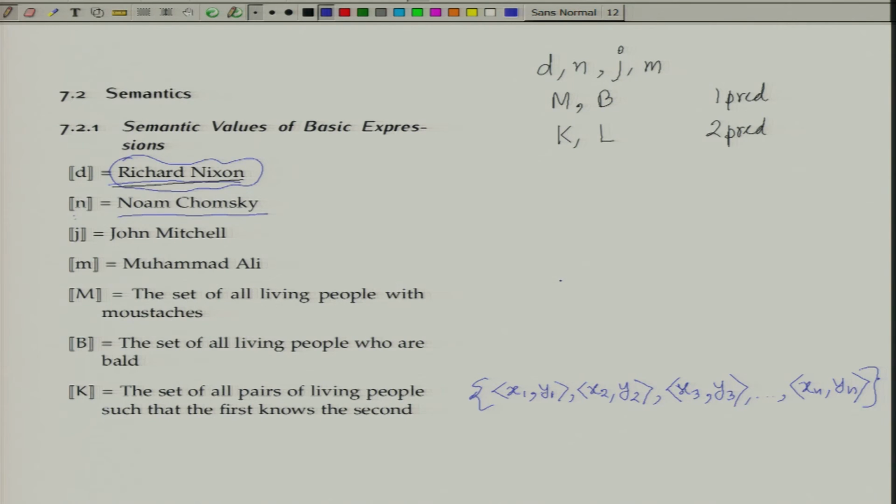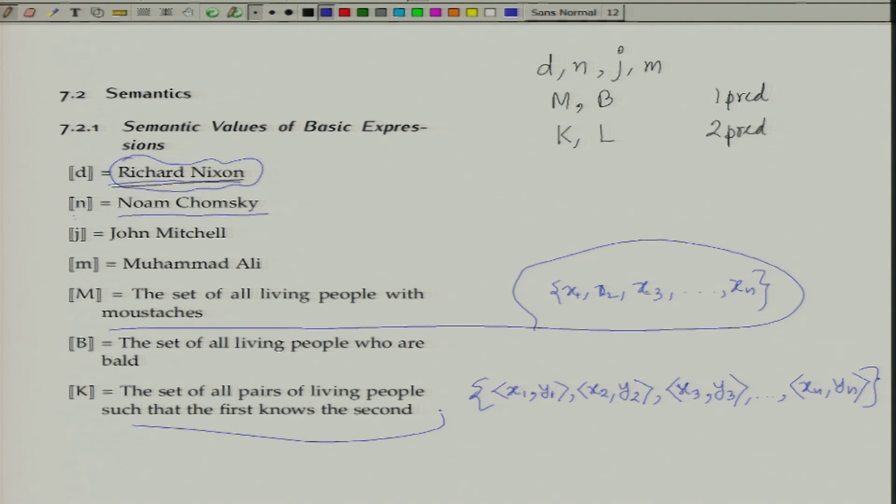But these are sets like this, which will have x1, x2, x3 through xn. So, these sets will look like this, and these sets, the references of two-place predicates, will look like this, whereas this is given.